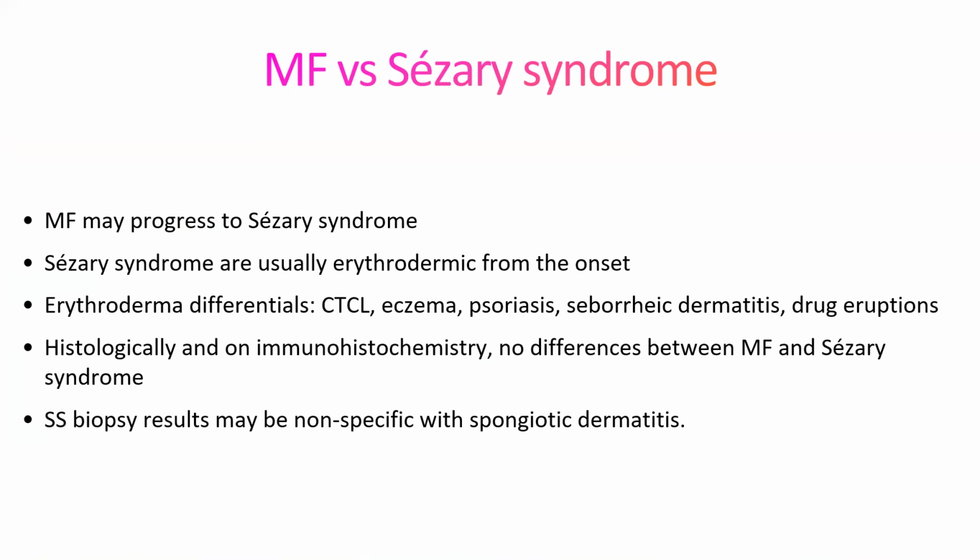It's important to note that erythroderma can be caused by multiple different diseases, such as eczema, psoriasis, seborrheic dermatitis, and drug eruptions. Histologically and on immunohistochemistry, there are no reproducible differences between MF and Sezary syndrome, but Sezary syndrome biopsy results tend to be non-specific and just show spongiotic dermatitis.